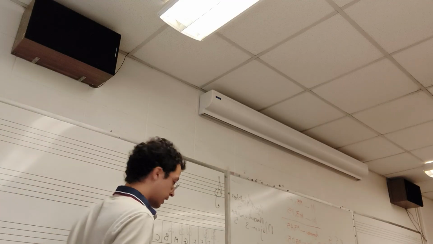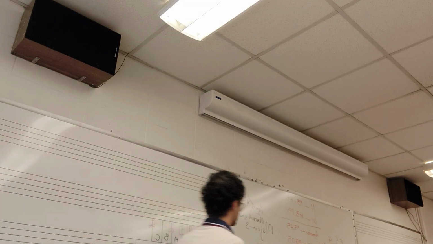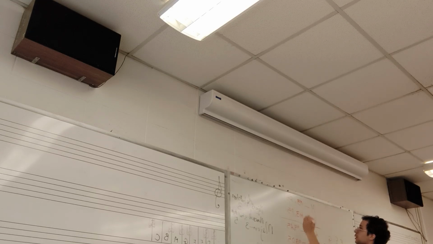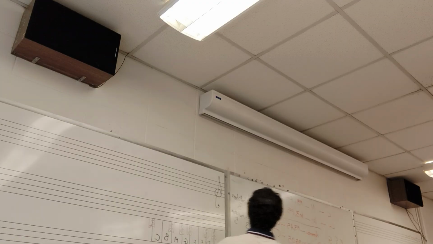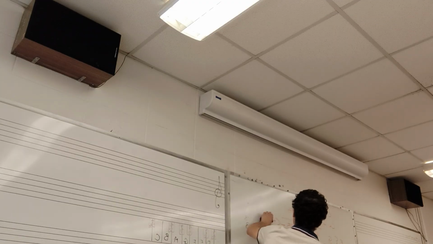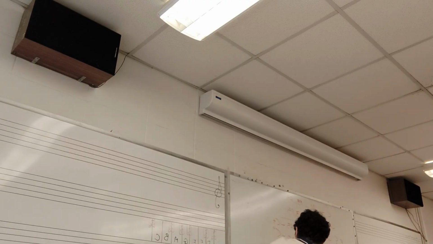Oh, chord symbols. Okay, well, I guess we're just going to use the chord symbols. So for major, we're just going to use a capital letter. Let's say C. For minor, you're going to use minor. For augmented, let's put it like here. So I would also copy this.